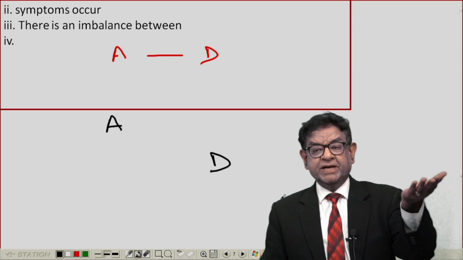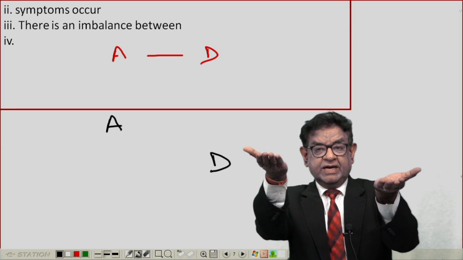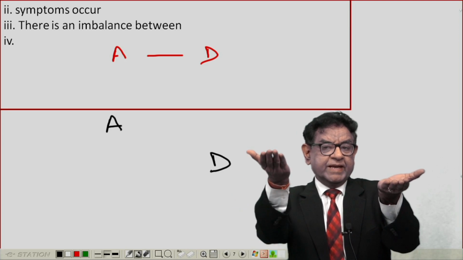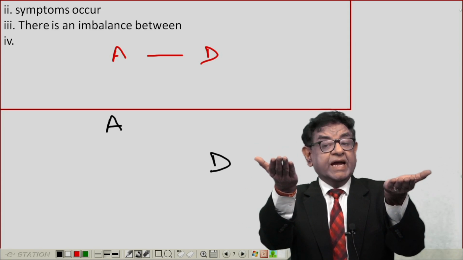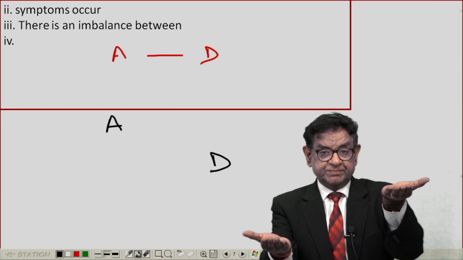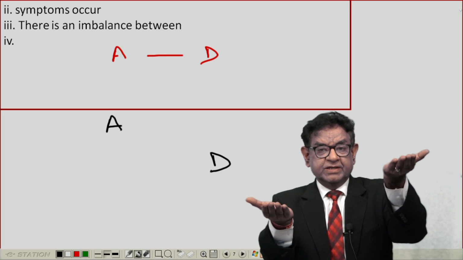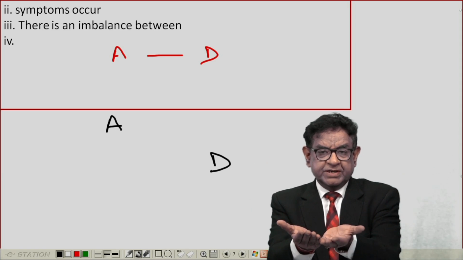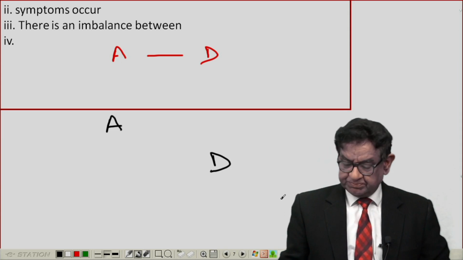Let me explain to you. This is the acetylcholine and this is dopamine. I told you the dopamine level goes down, so our aim of treatment is to make a balance. We can do this in two ways: either we give a dopaminergic drug, or we give an anticholinergic drug. The ultimate aim is to make a balance between the two neurotransmitters.